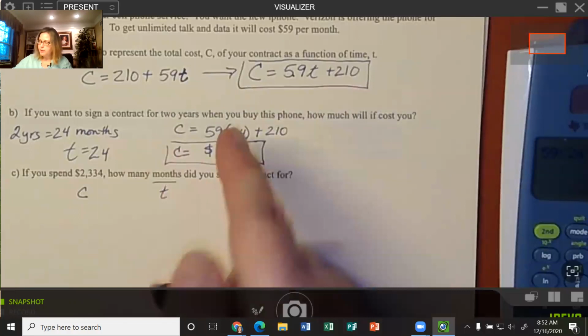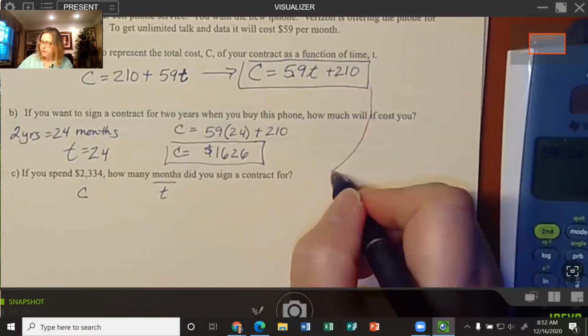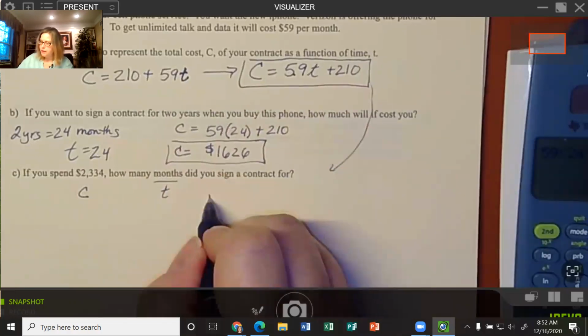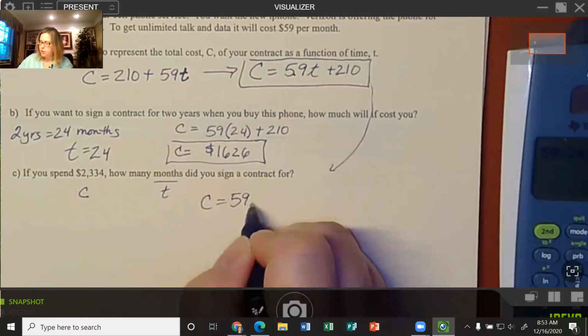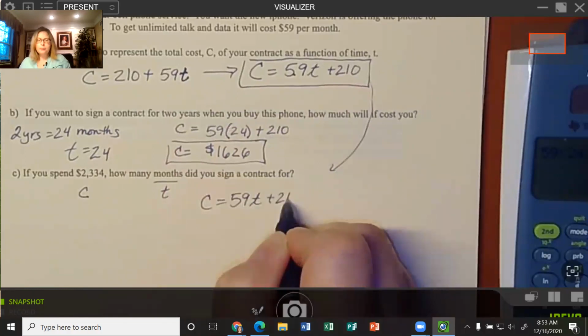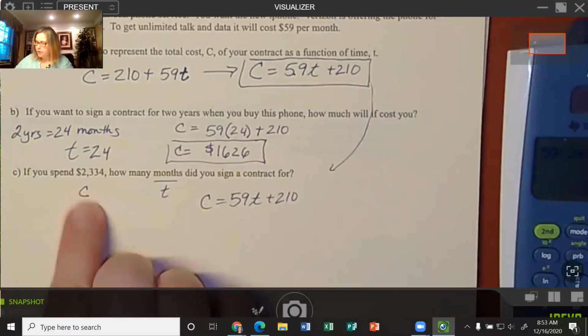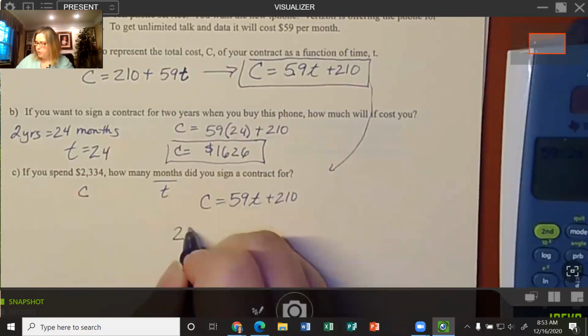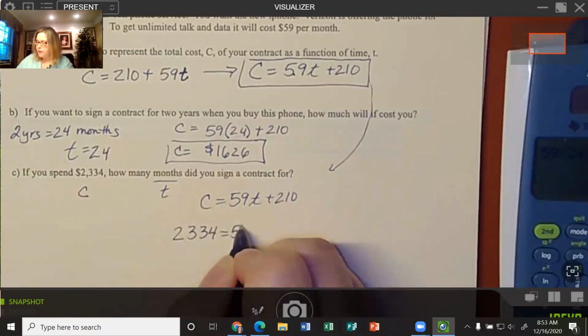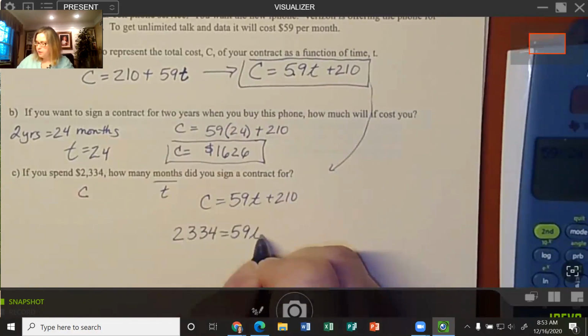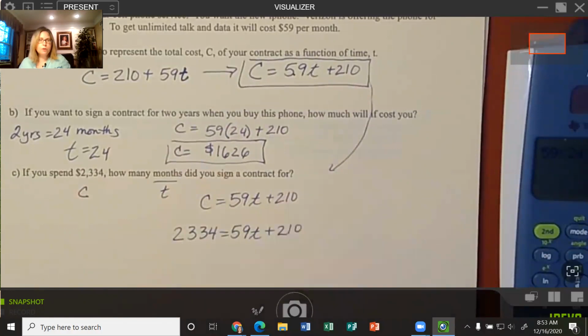The cost is equal to $59 per month plus $210, and they told us that our total cost was $2,334. So we know that the monthly fee is $59 and the initial cost of the phone was $210. So we can calculate the number of months by solving this equation for T.